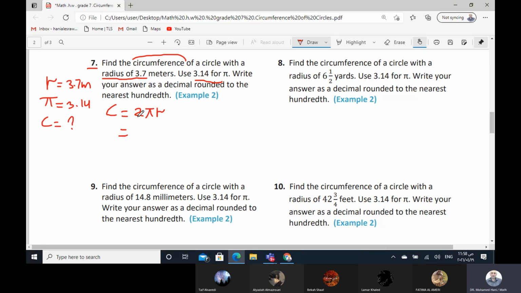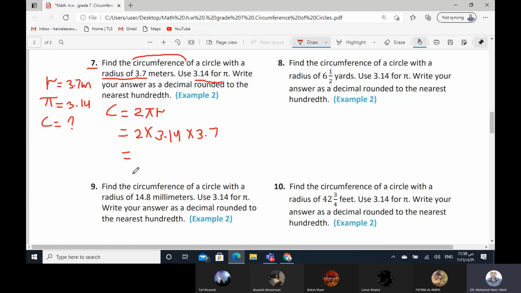Substitution now, we can write 2 times the value of pi, 3.14, times r, 3.7. Okay, who can help me to find the product?